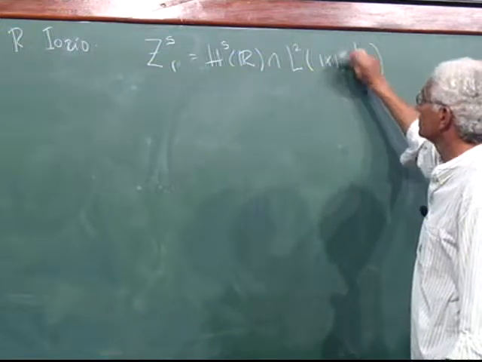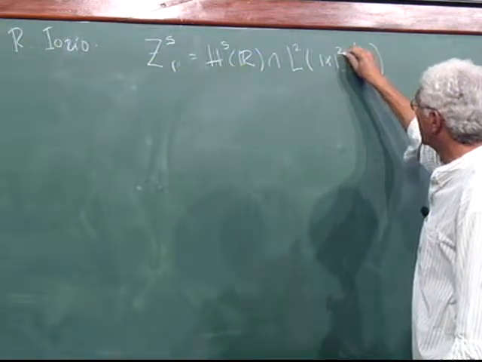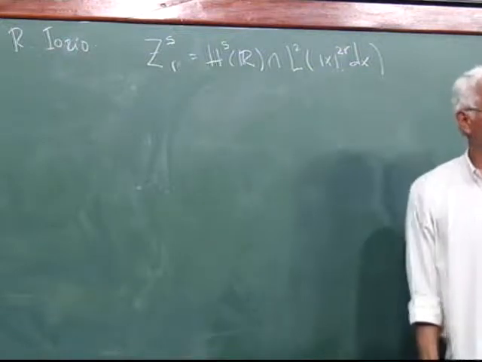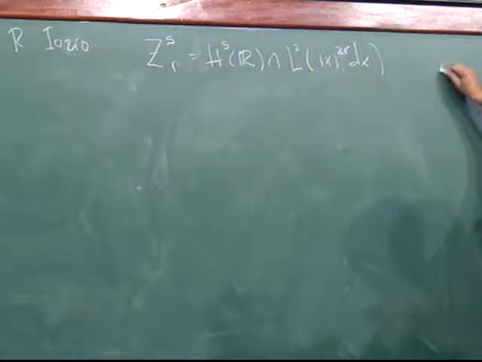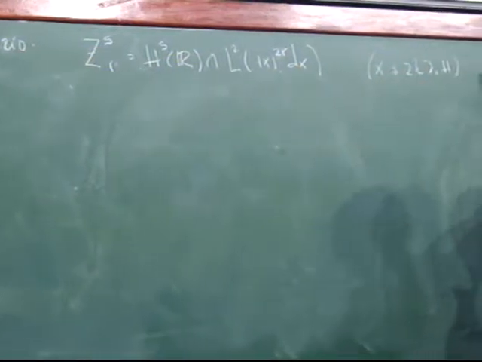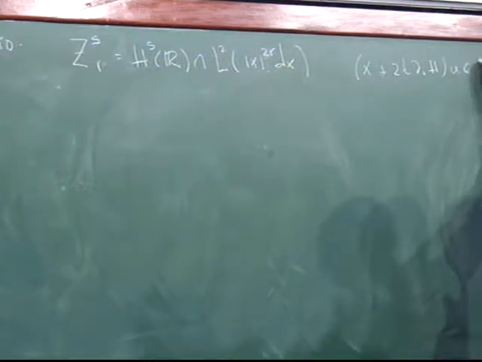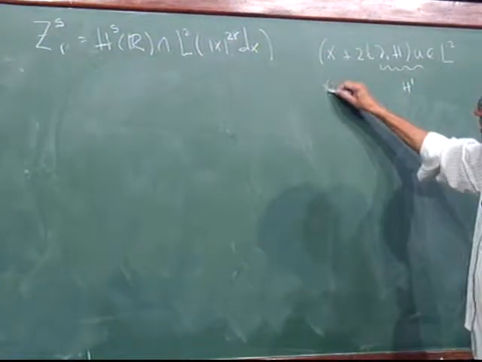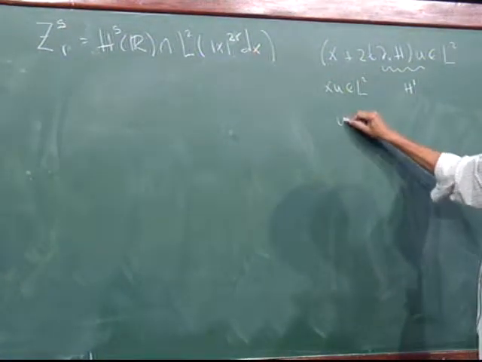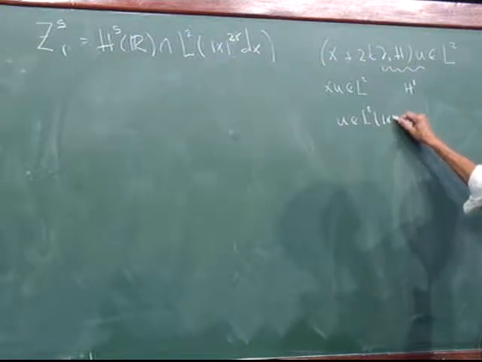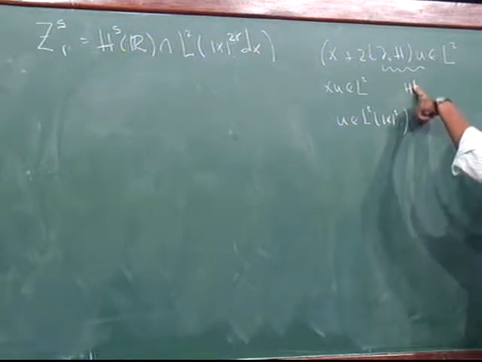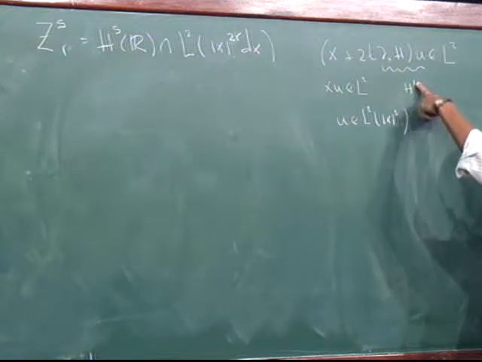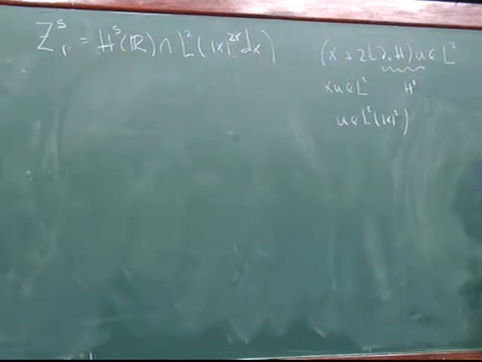And let me put 2r here and r there. Remember that you want x, 2t dx, Hilbert transform. Then if you want this to commute with the linear part, you want this to be in L2, then for this part, you need H1. Therefore, x times u will be in L2. Then you need that u will be in L2 with x squared. Then you need one derivative to put power 2 here. You need 2 derivatives, you put power 4 here, and so forth. That's the relation then.